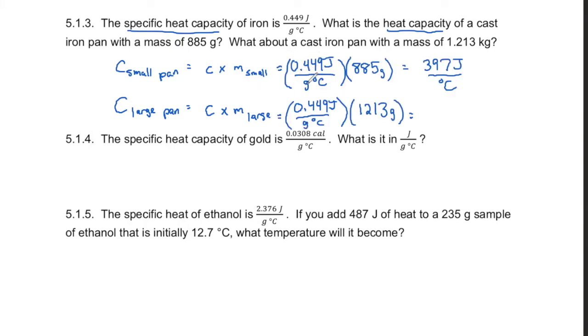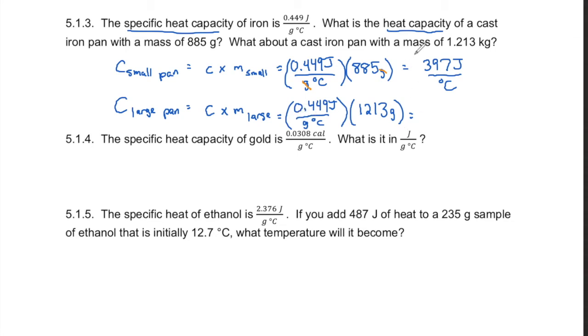Alright, so both of these are made out of iron, so we use the specific heat capacity of iron. For the small pan, it's 885 grams, so the grams cancel, and we are left with 397 joules per degree Celsius. So for every degree Celsius in change you want to cause in this small pan, you're going to need 397 joules.